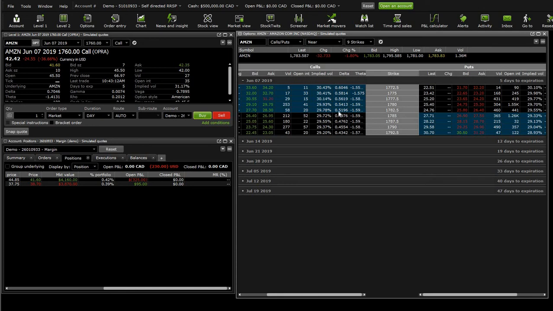The next one here is the delta. The delta is the ratio that the option is going to change in relation to the stock price. When I bought these contracts over here, I was trying to get a delta closer to... sorry, not 0, closer to 1.